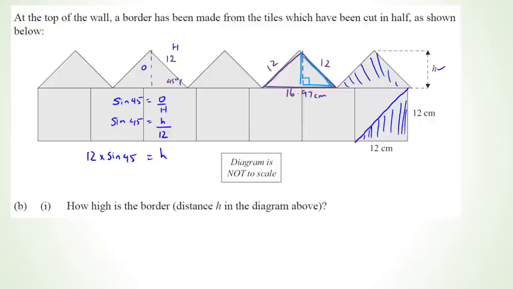Now in this method here, to figure out h, you can write it as h squared is equal to the hypotenuse, which is 12 squared, minus half of 16.97 squared. So half of 16.97, what do we have? It is 8.485.